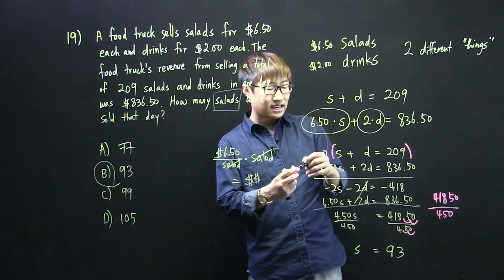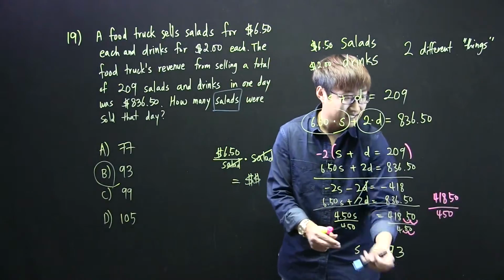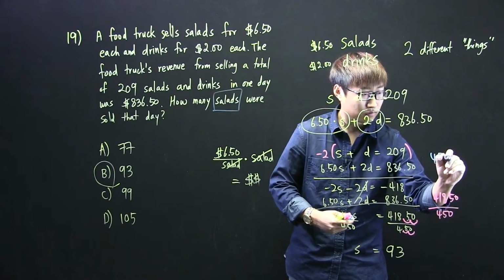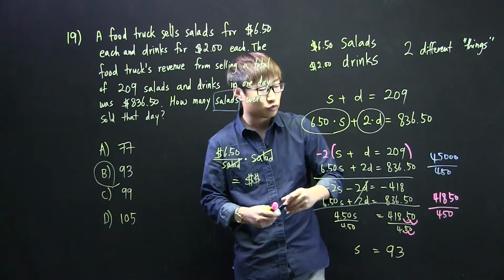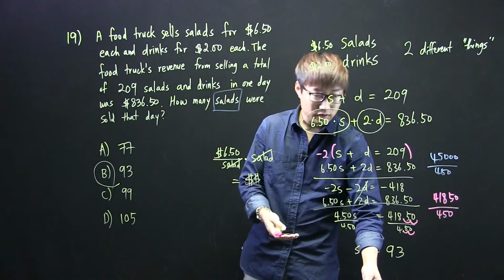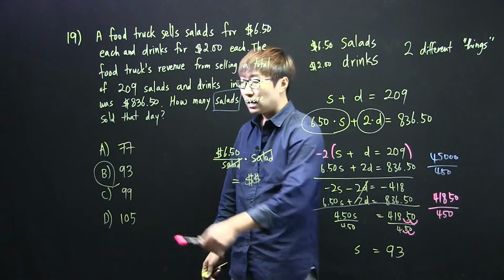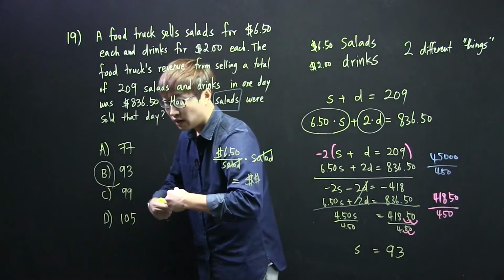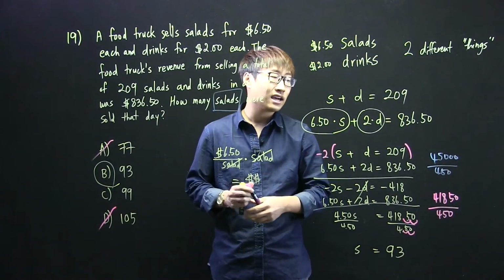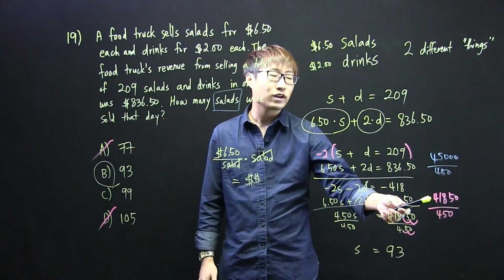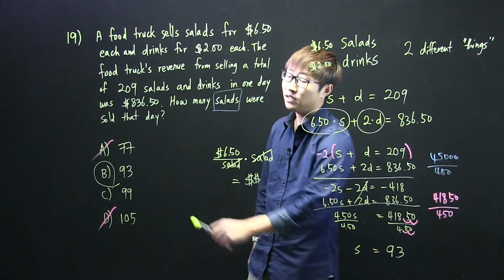So I can guess it's for sure less than 100, because 45000 over 450 would give you 100, but this is less than that because the numerator is a little bit less. So it's going to be less than 100, but somewhere close to 100, but not really 100. Looking at the choices, 105 is definitely out of my budget, and 77 is just too low. I'm between 93 and 99, and I can see that this is not very close to 100. 99 is a very close number to 100. That's why I guessed that it's going to be around 93.